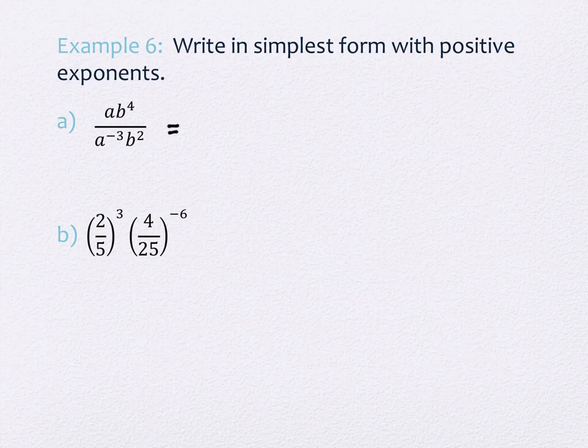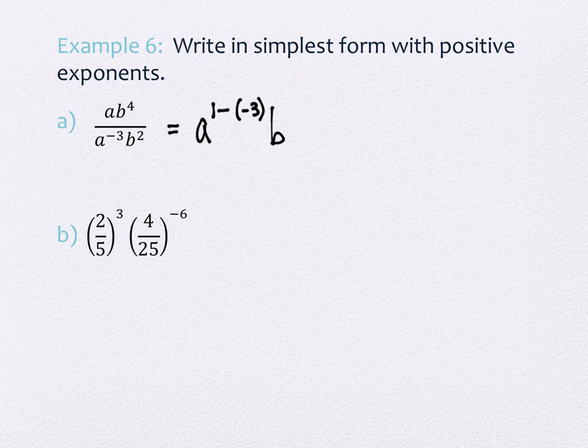So one of the ways to do this particular one is to notice I have a to some power on top and I have a to a power on bottom. So it looks a lot like property number 2. So I can actually write the top exponent, which is a 1, and then I can subtract the bottom exponent, which is minus negative 3. Again, not the only way to do this, but it is a way to do this.